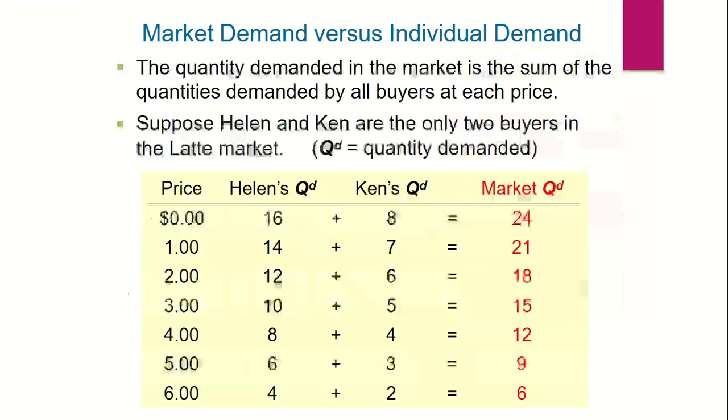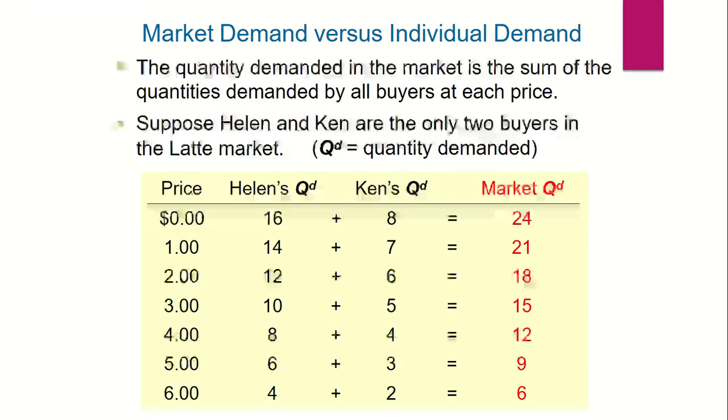Market demand versus individual demand. Here Helen is just one person, and there are more than just Helen in the market. There is Helen, there is Ken, there are more people in the market. The quantity demanded in the market is the sum of the quantities demanded by all buyers at each price.